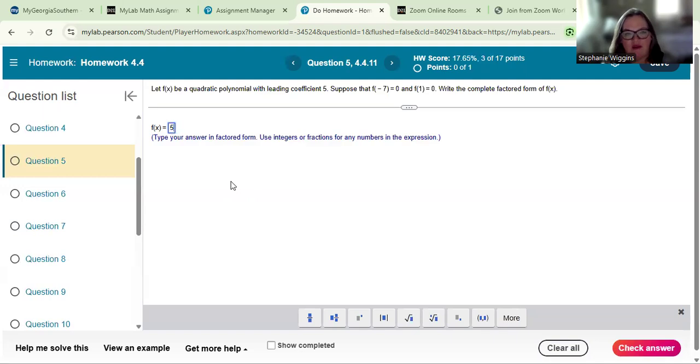So we've got the 5 out front, and then we have x plus 7, right? I'm taking the opposite sign. I've got -7 is a zero, so x plus 7 is a factor. And also 1 is a zero, so x minus 1 is a factor.